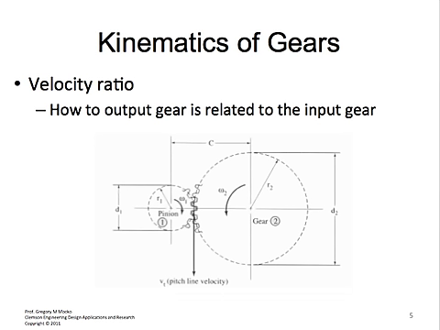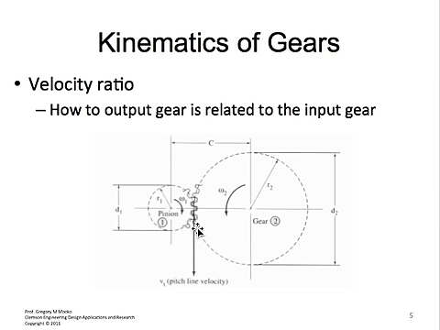If you look on page 273, this image is taken from that page in the book. We've talked about it before. When we look at the pitch line velocity, this pitch line velocity occurs at the pitch circle. So if you look at this figure, we've got teeth that are meshing, and it goes over the pitch circle, and it's less than the pitch circle.